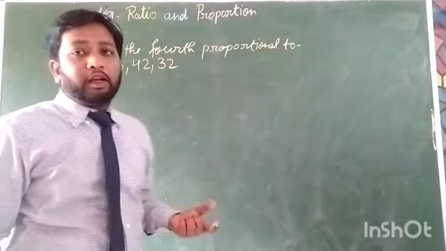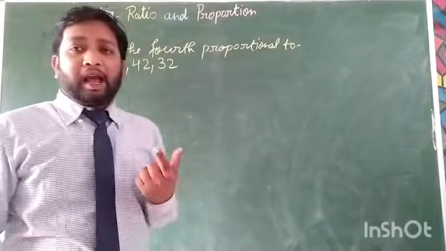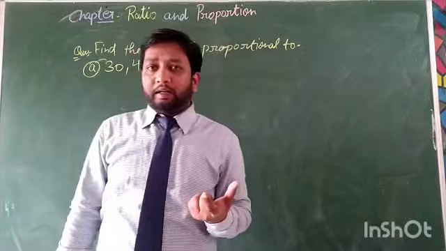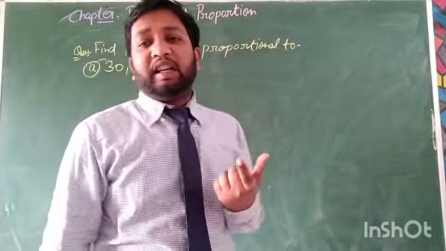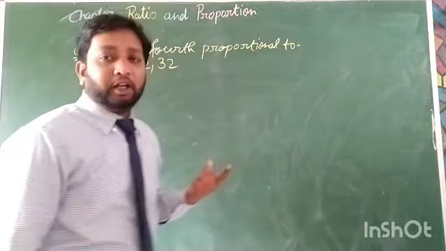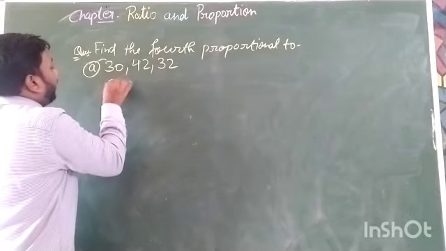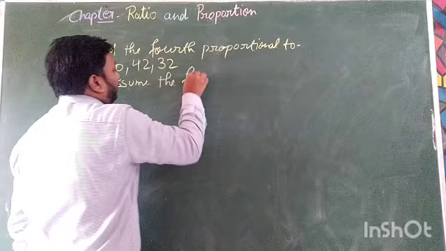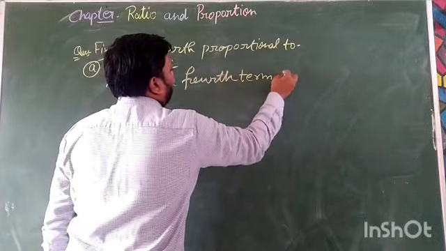So here we have three terms, 30, 42 and 32, of a proportional, but to write a proportional expression we need at least four terms, and the fourth term we don't know. So here we assume the fourth term as x.